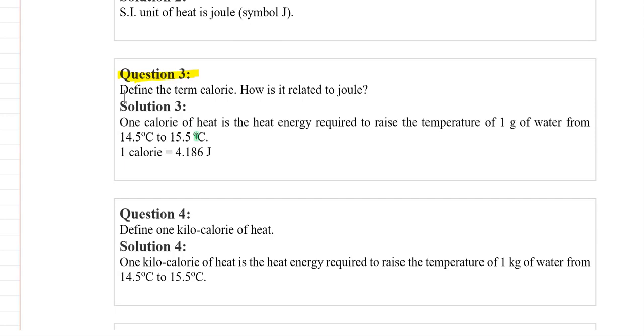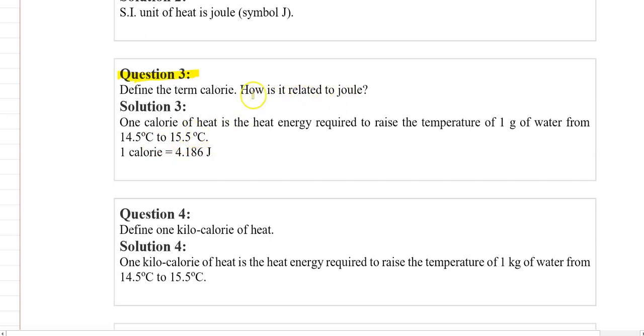If we take the average, the amount of heat required from 0 degrees centigrade to 100 degrees centigrade for 1 gram of water, divided by 100, is nearly equal to the amount of heat required from 14.5 degrees centigrade to 15.5 degrees centigrade. So we can use the definition: the amount of heat required to increase the temperature of 1 gram of water from 14.5 to 15.5 degrees centigrade.